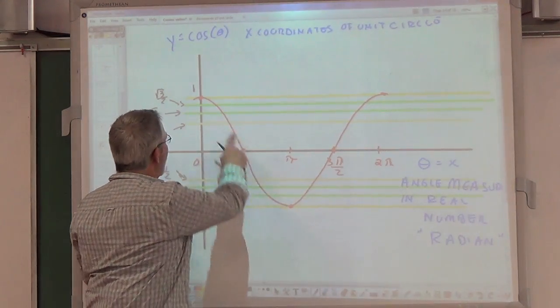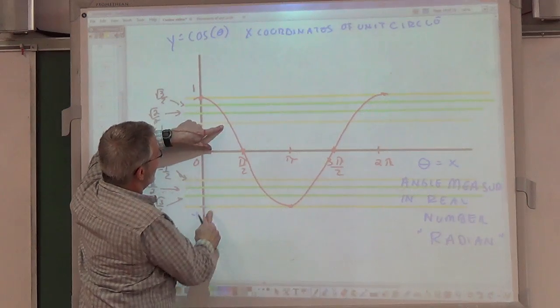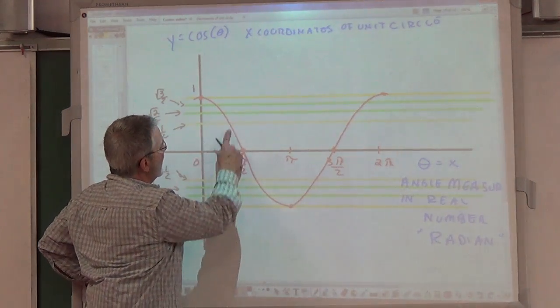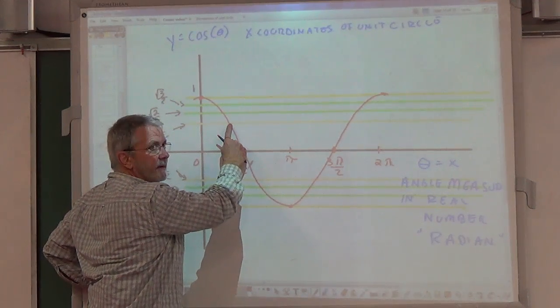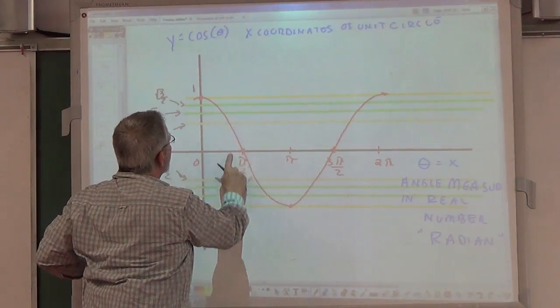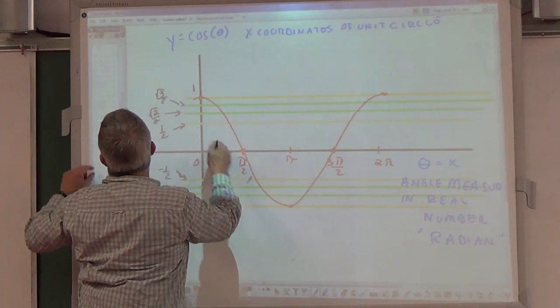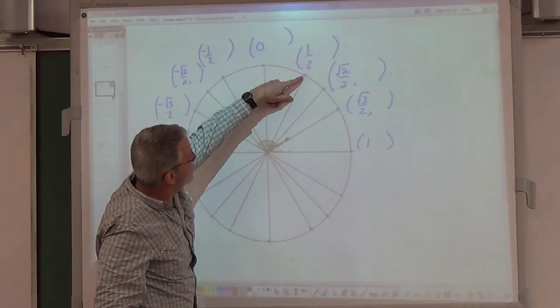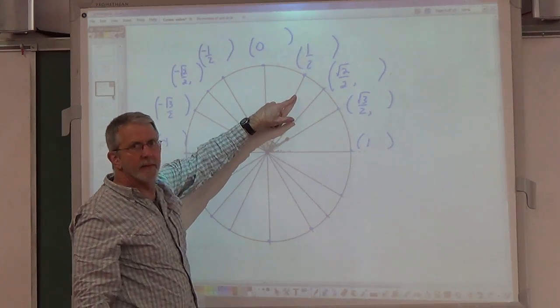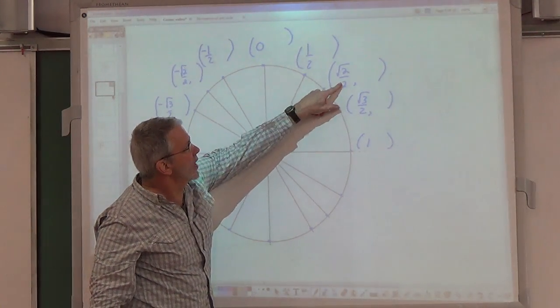And hey, what maps to this 1/2 right there? What radian value is this? You can check that out right there. What goes to 1/2 the first time? Pi over 3. What goes to square root of 2 over 2?